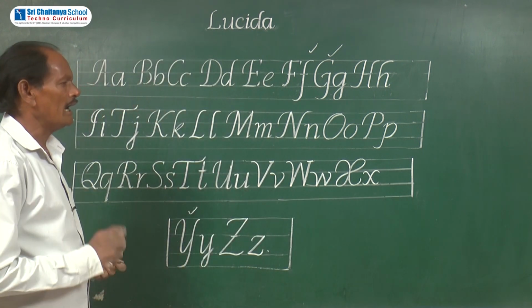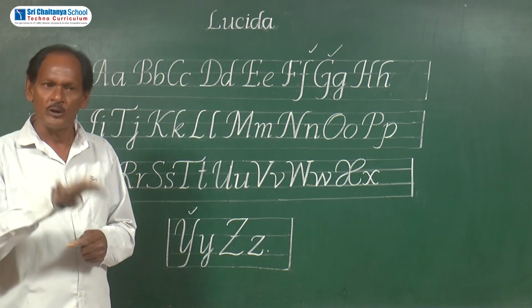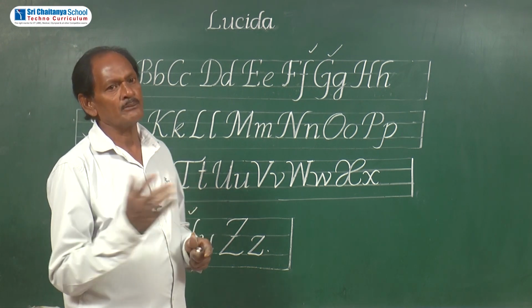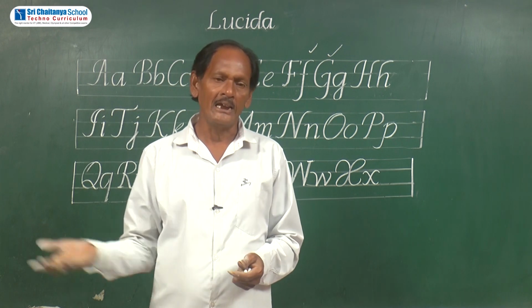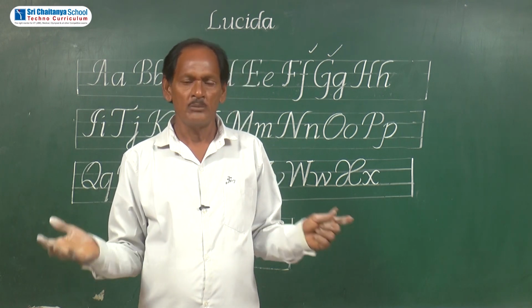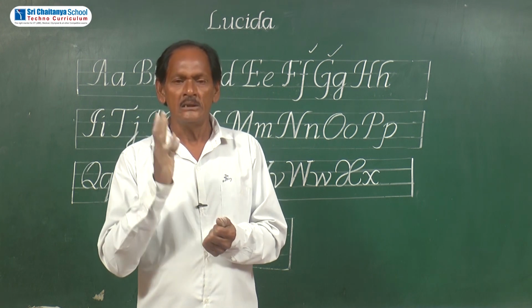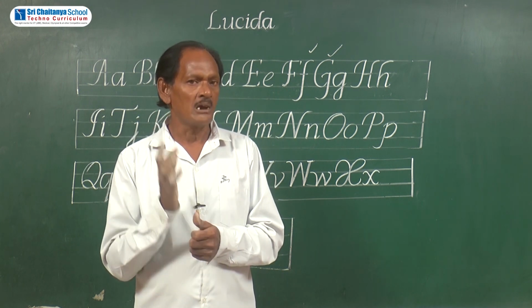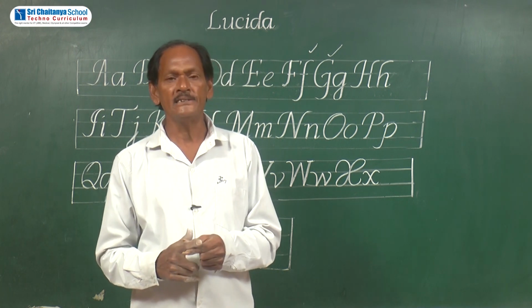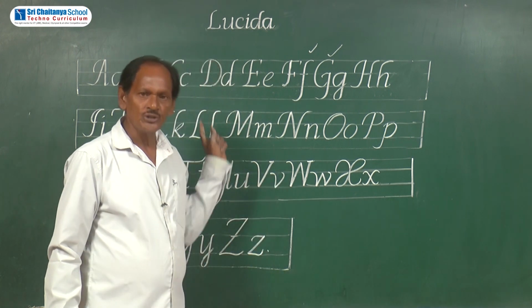First of all, handwriting should be practiced in 4 lines. After that, we can practice in 2 lines on a plain surface, wherever it may be. But we have to practice in 4 lines, because the primary knowledge of handwriting is the zones and the strokes.